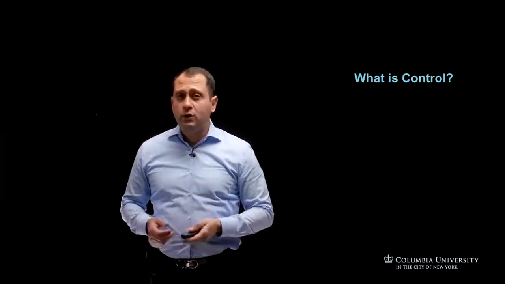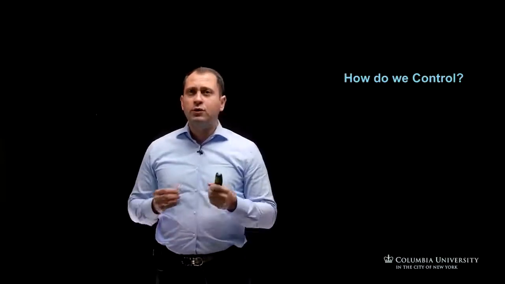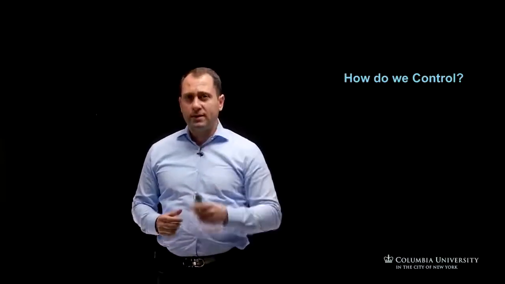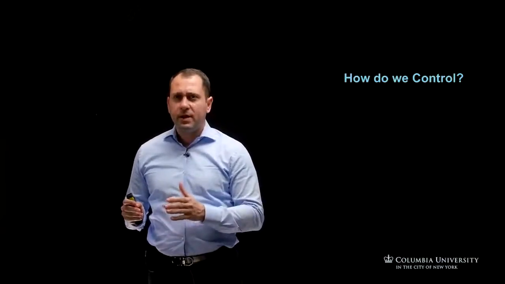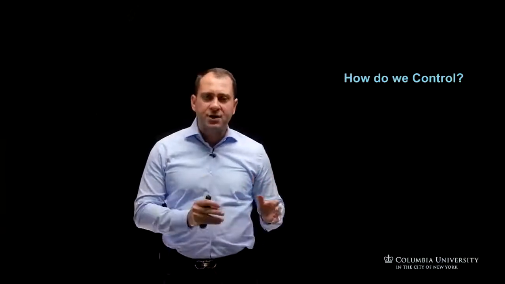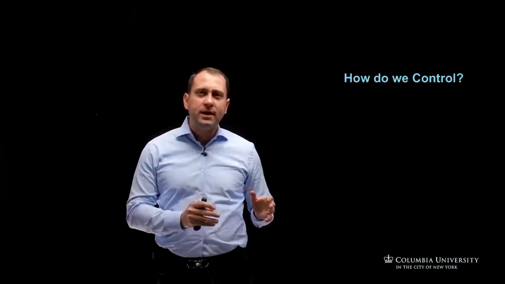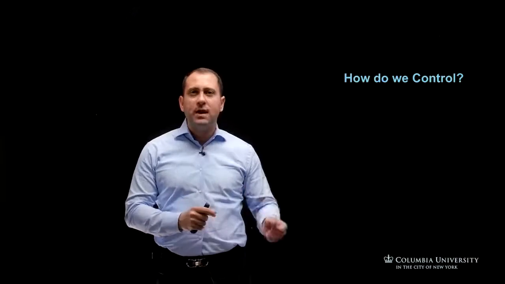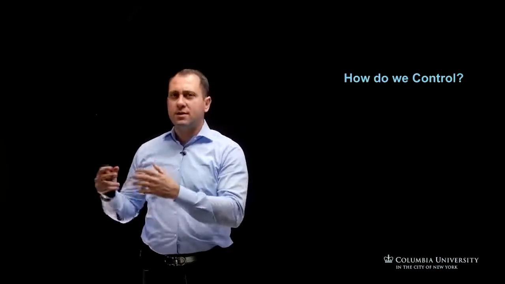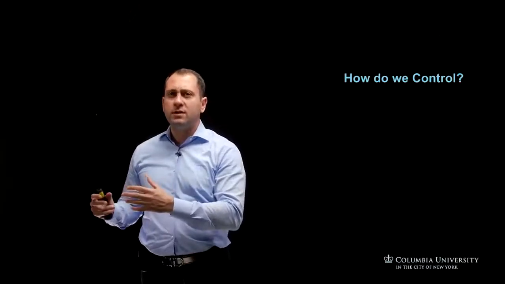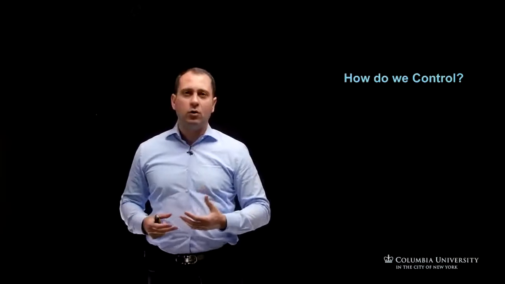Now, how do we control is another question. How we do control depends on 2 elements. 1, measurements. 2, actions. Actions which must be initiated if a measurement shows some variance or variations from those that were expected in the beginning in the planning of the schedule.